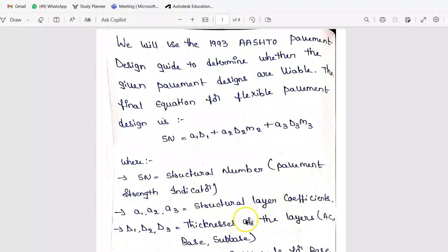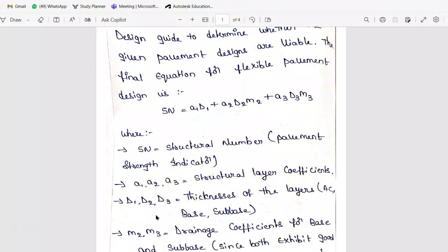The final equation for flexible pavement design is Sn equals A1 D1 plus A2 D2 M2 plus A3 D3 M3. Here Sn is the structural number, the pavement strength indicator, A1, A2, A3 are the structural layer coefficients, and D1, D2, D3 are the thicknesses of the layers, including base as well as subbase.